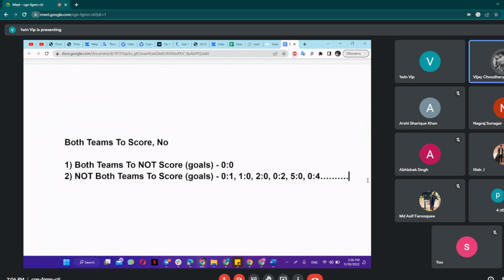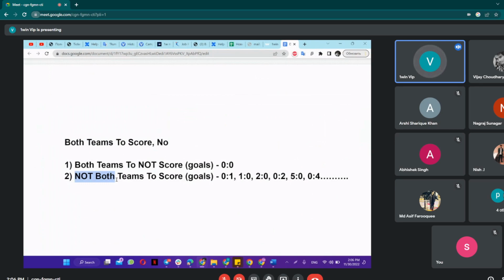And one of the teams should be on zero, right? Yeah, one of the teams should have 0 because not both. Not both means one of the teams should have 0 goals, the other team could have any other amount of goals.